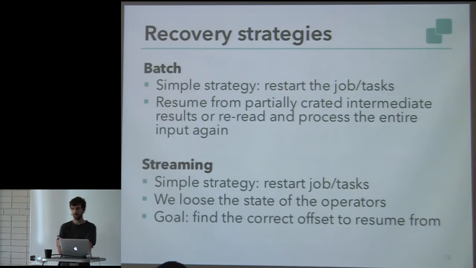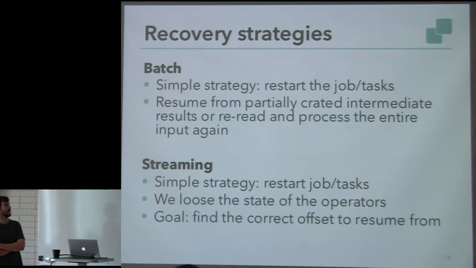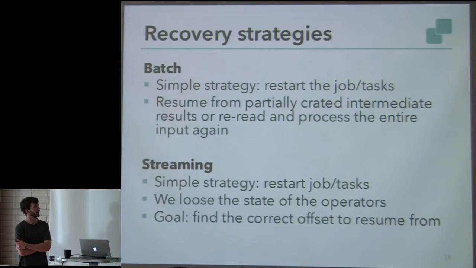So, what can we do to cope with faults? In the batch part, it's a little bit easier because there we can just use a simple strategy and restart the job or task, depending on what component failed.